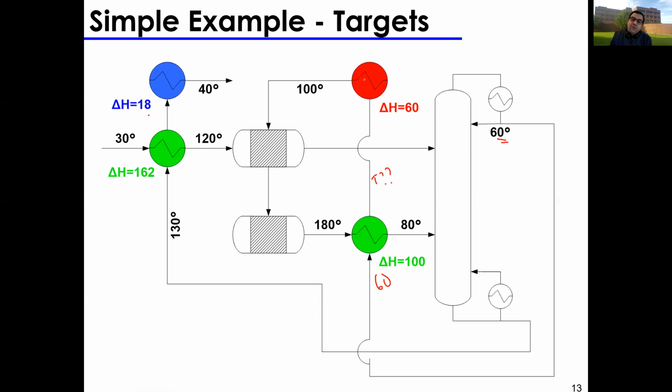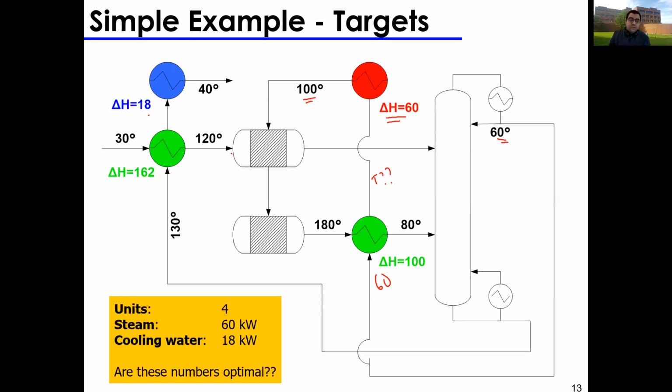And then I need to make up for this utility left. So I add a small heat exchanger to complete the heating up to 100, right? So this achieves some sort of integration right here. I have 4 units, right? I use 60 kilowatts of steam and 18 kilowatts of cooling water.